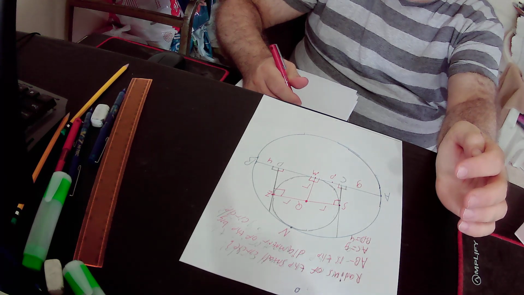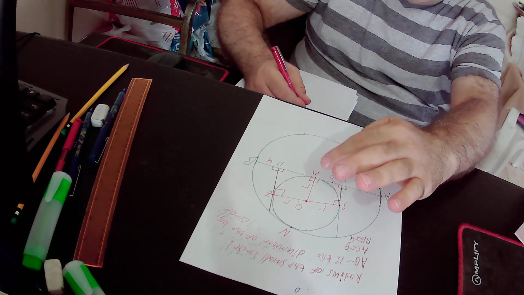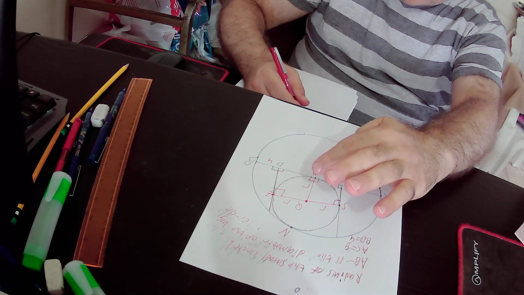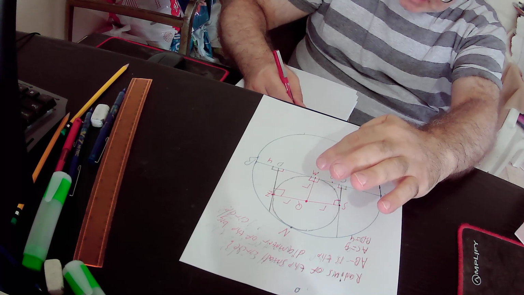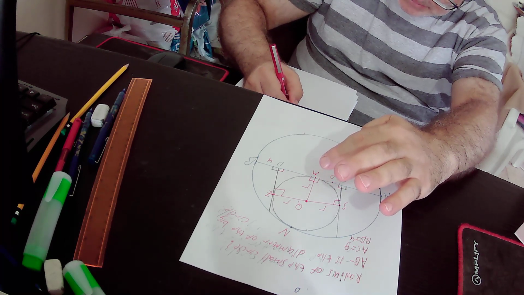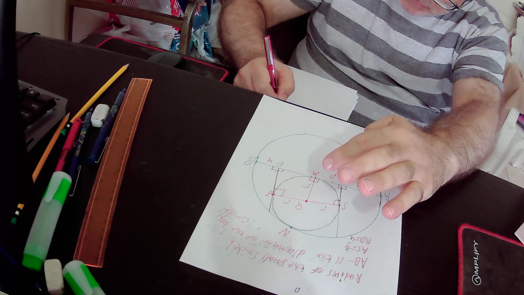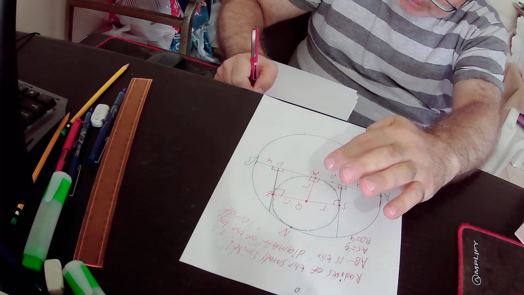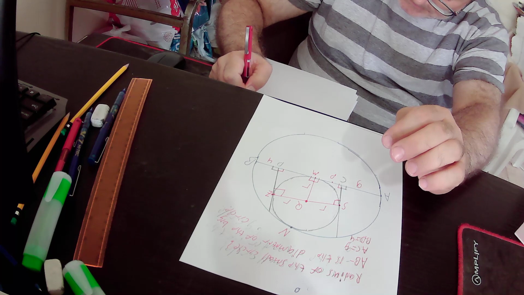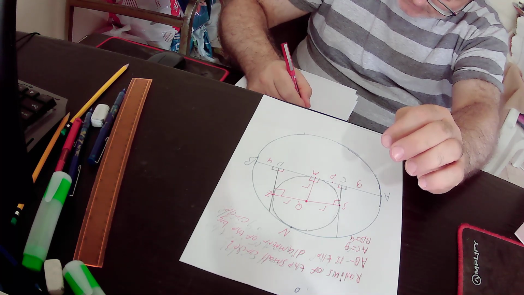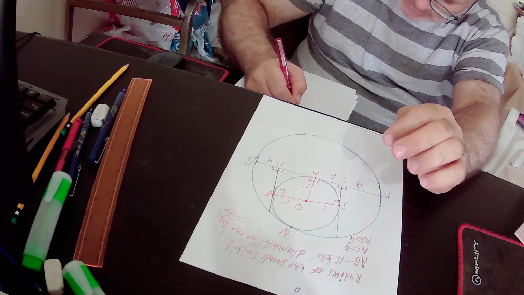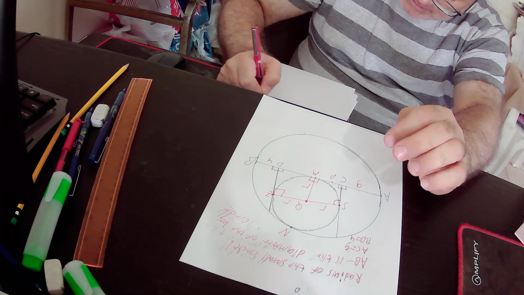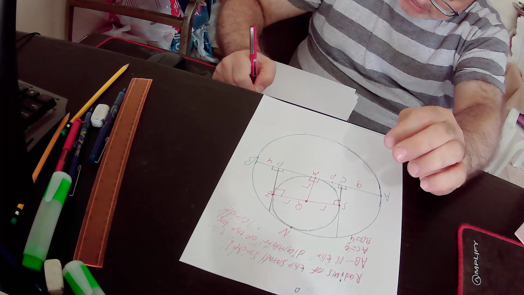So the sum of the 3 angles is 90 degrees times 3, which is 270 degrees.